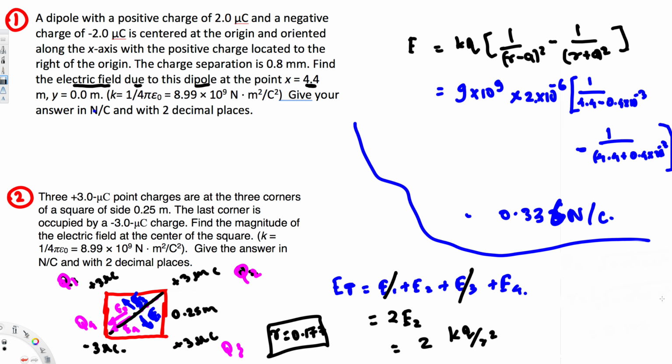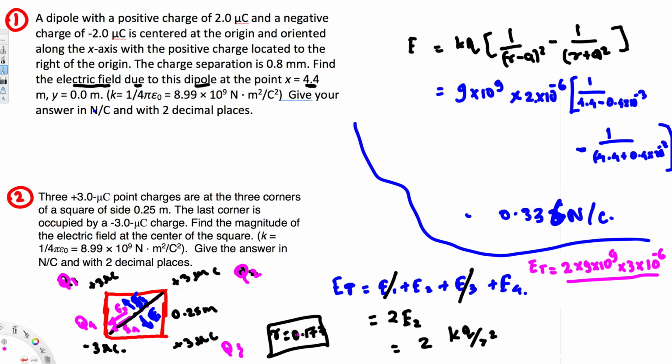So here we are going to have E total is equal to 2 times k, which is 9 times 10 to the power of 9, and our charge is 3 microcoulomb, so 3 times 10 to the power of negative 6, over r square.